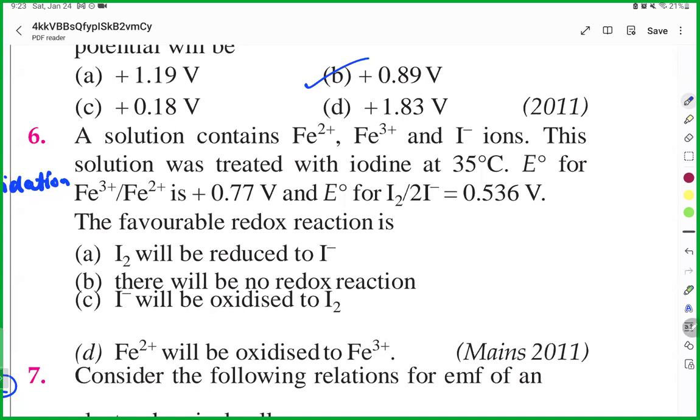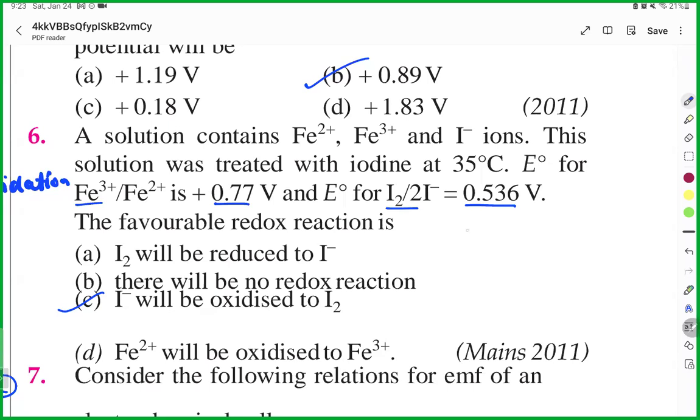The answer C. Yes. If you see, Fe3 positive will undergo reduction because of more value, and I2 will undergo oxidation because of less value, comparative. Correct.